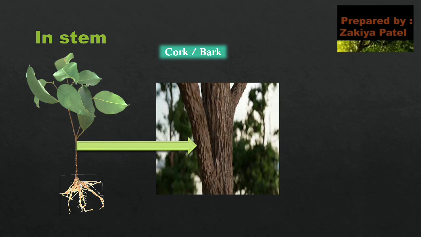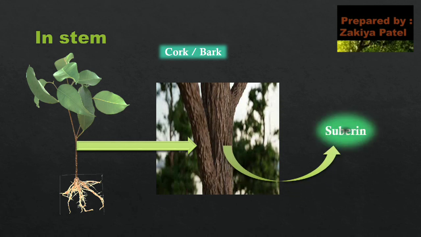For this purpose, the bark of a tree has a chemical which is called suberin. And what is the function of this suberin? Suberin helps in gaseous exchange and water loss from the stem or bark of the plant.